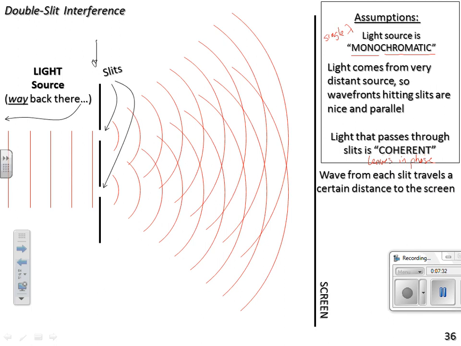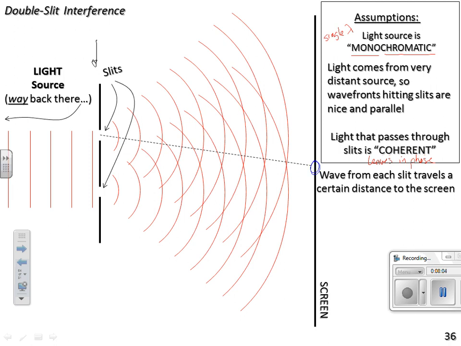All right? Now, each of these waves, maybe we call these waves like wave 1, and the other one's wave 2. Each of those waves travels a certain distance to get to our screen. So there's a distance that wave 1 travels to get to this specific point right here on the screen.